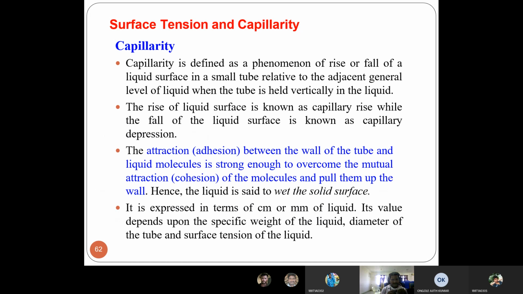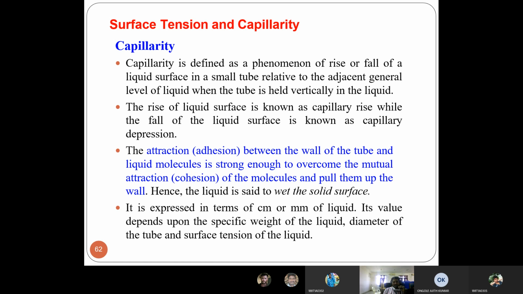And come for another term, capillarity, a very important parameter. Capillarity is defined as the phenomenon of a rise or fall of a liquid surface in a small tube relative to the adjacent general level of liquid when the tube is held vertically in the liquid.